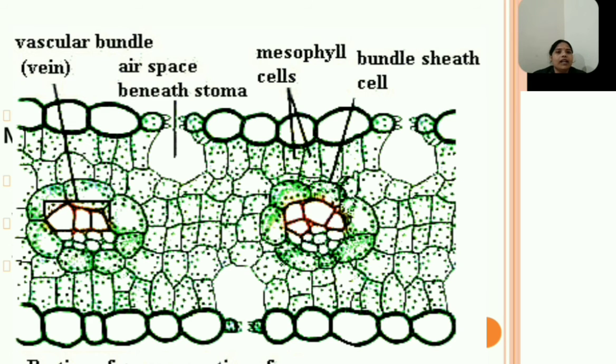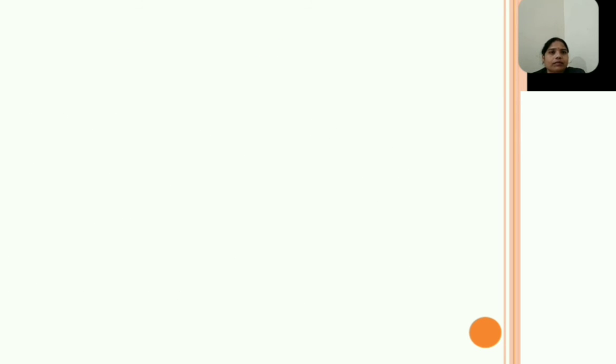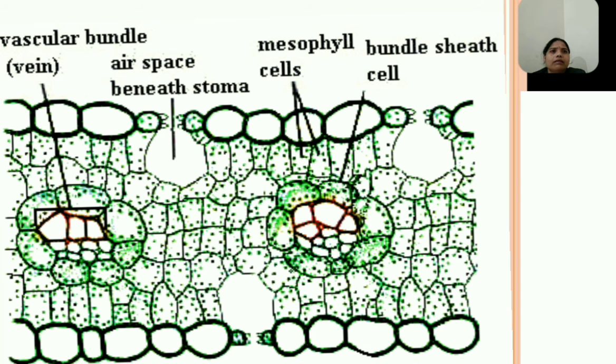So this is the introduction to the mesophyll cell and bundle sheath cell with chloroplast and enzymes. After the Kranz anatomy, the next point.